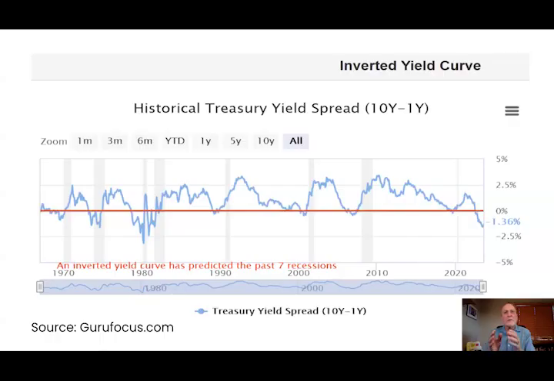So we've got at least a 6, maybe as much as a 9-month lag before a recession is declared after interest rates invert. Now, as an investment manager, this time lag also gives us a good heads up on where the stock markets are going.